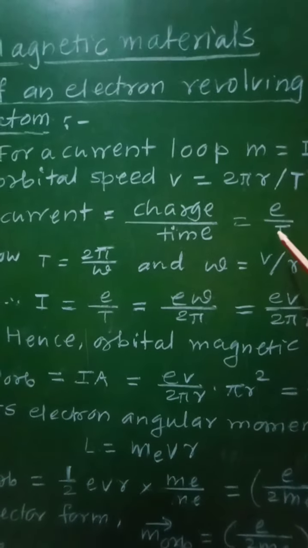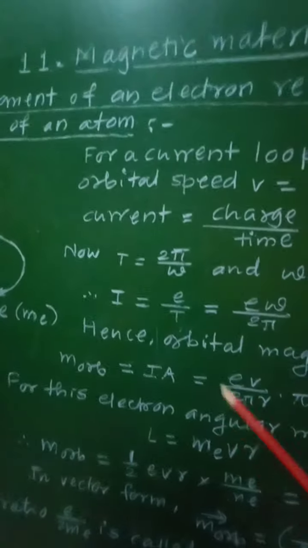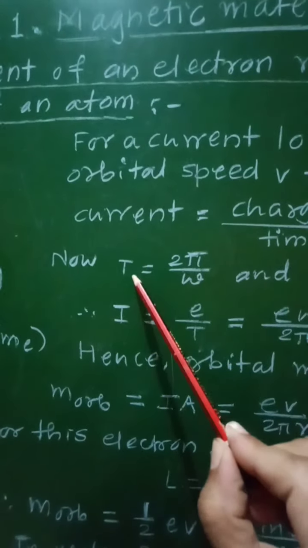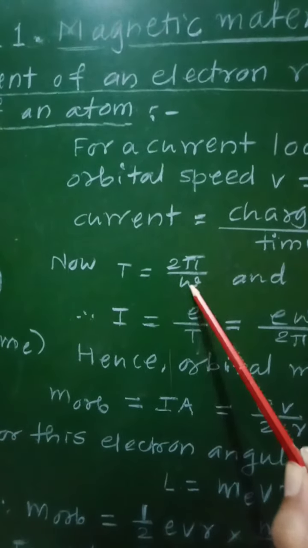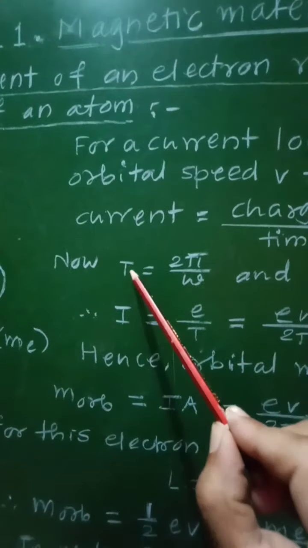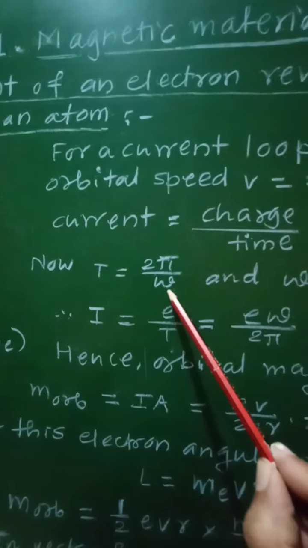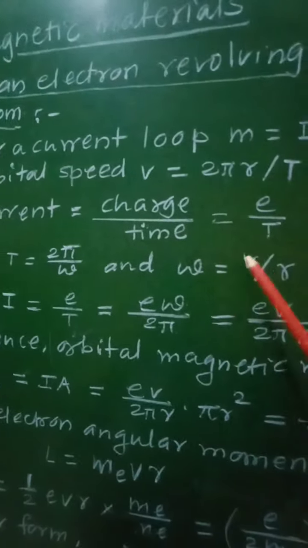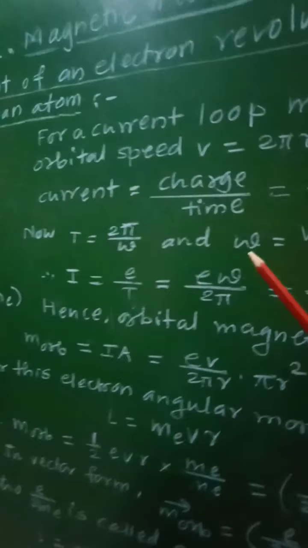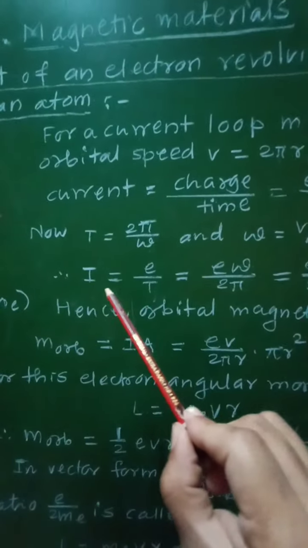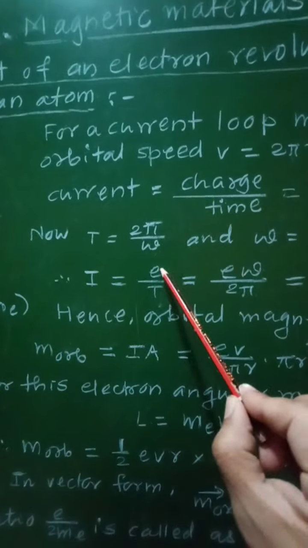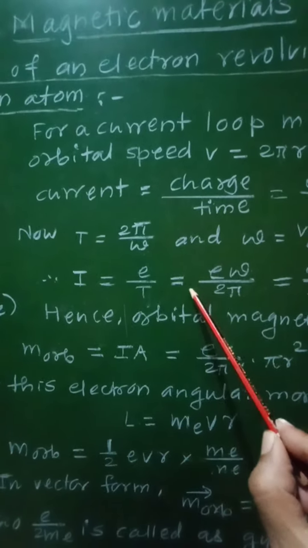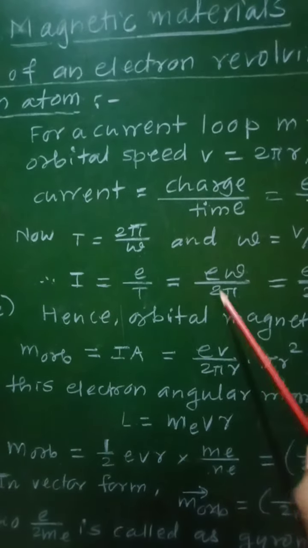Now we know that time period and the angular velocity omega are related as T equal to 2 pi by omega, and omega will be equal to v by r, and therefore we can write current I equal to e upon T, that is equal to e omega upon 2 pi.